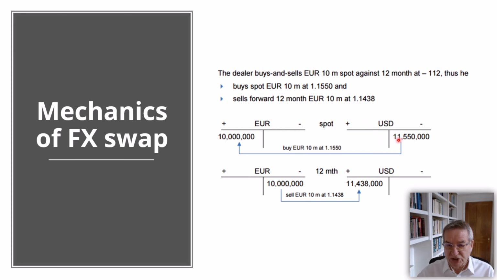So very simply, let's say the dealer has 11.55 million, buys 10 million euros going this way, and 12 months later, the euros at 10 million are sold back into dollars, but we now need to take into account that this is the 1 year forward rate based on that number of, in this case, negative 112 pips.